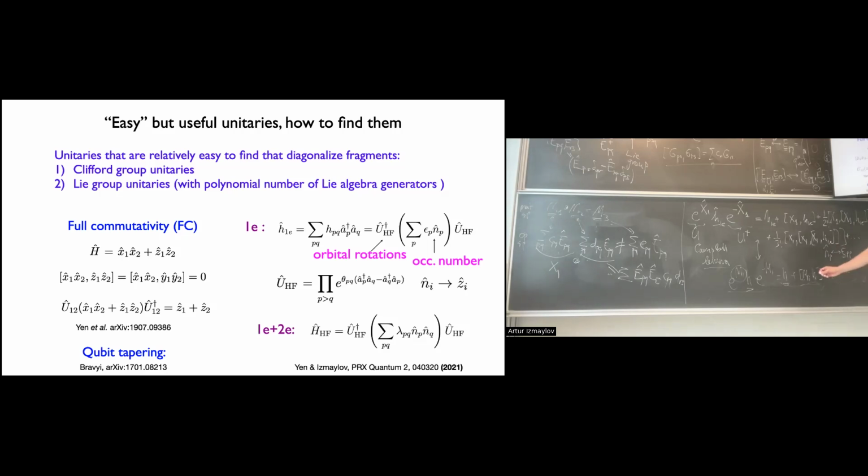Therefore, we can find a matrix that if you exponentiate it, it will give you the transformation that diagonalizes the H corresponding to the 1 electron integrals in the 1 electron operator. Okay, and so using that, you could diagonalize.